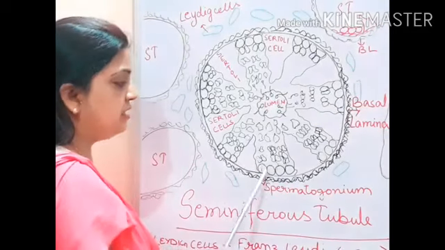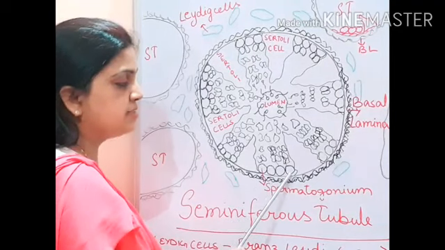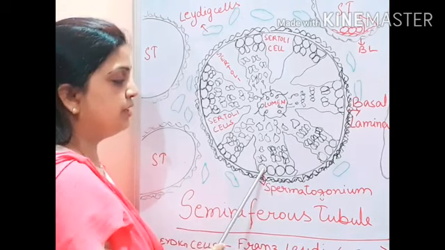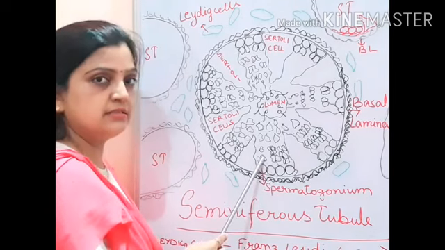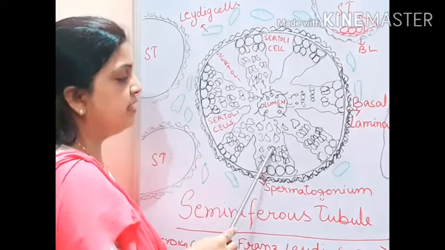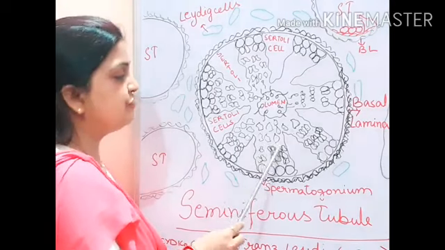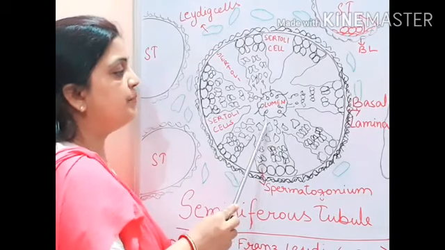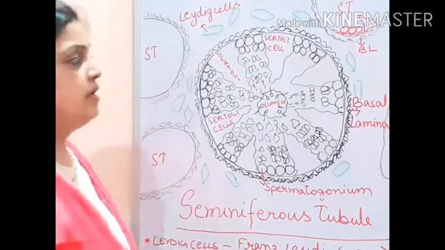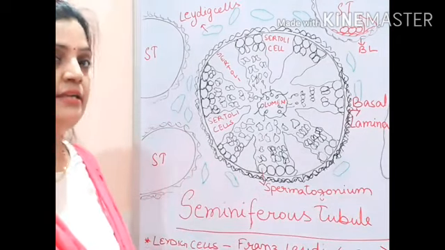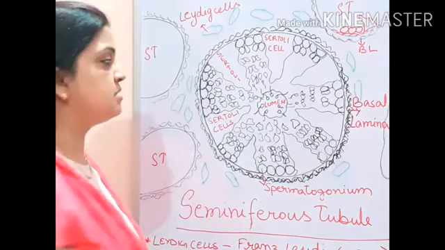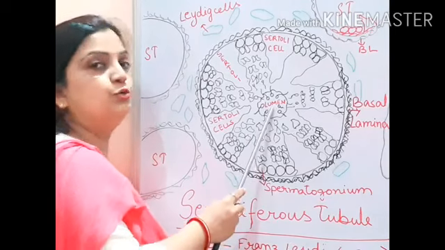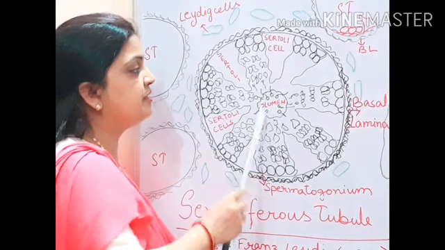So children, you can see here these are spermatogonium cells. I have drawn that the spermatogonium cells divide into 2 cells. Then these 2 cells divide into 4 cells. Then these 4 cells develop into sperms. Here in the detailed structure we will study how the development takes place, and then these sperms are released into the lumen, the central cavity, the central space.